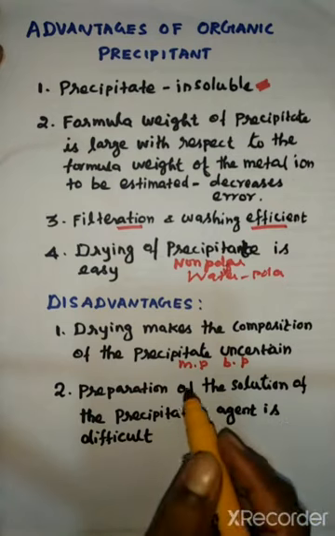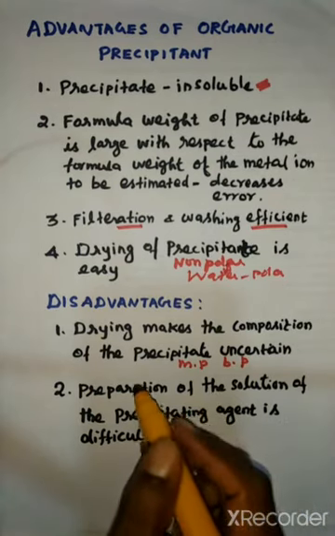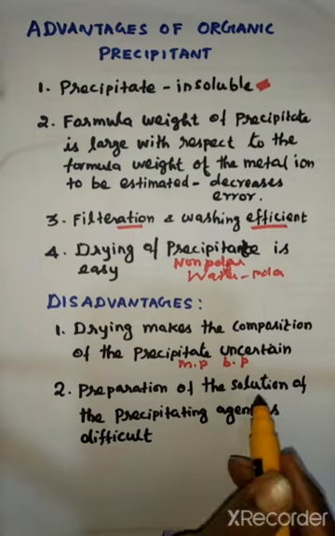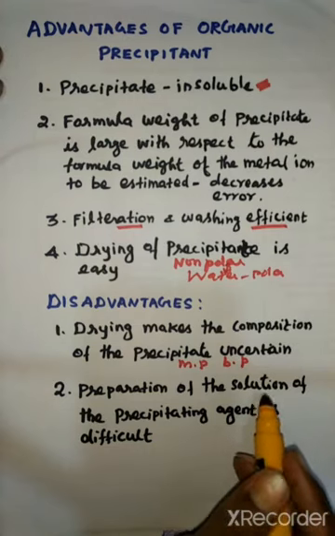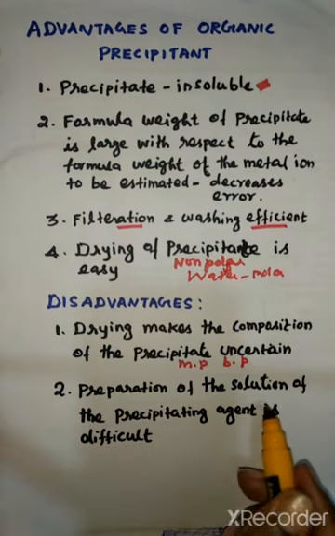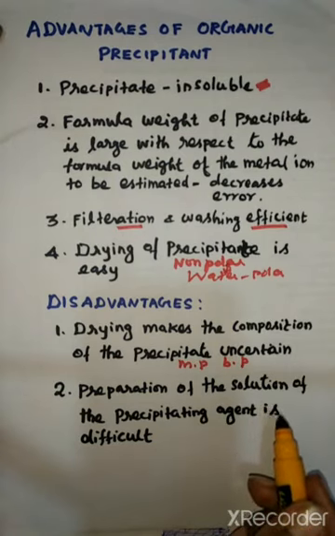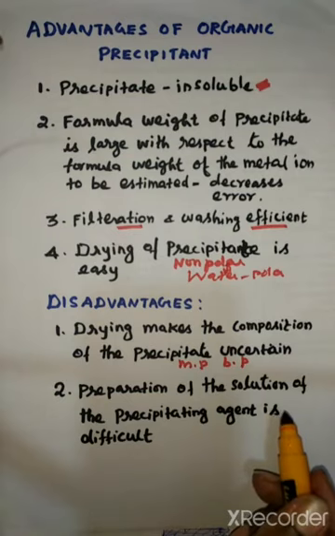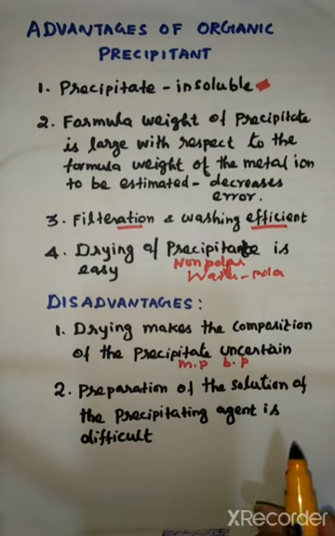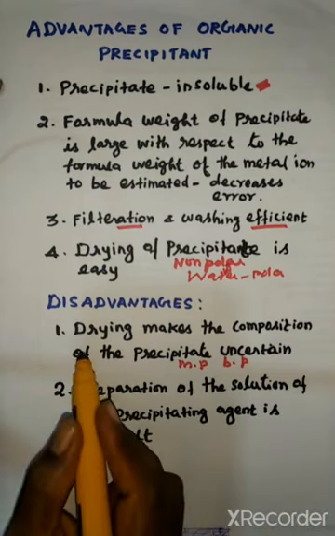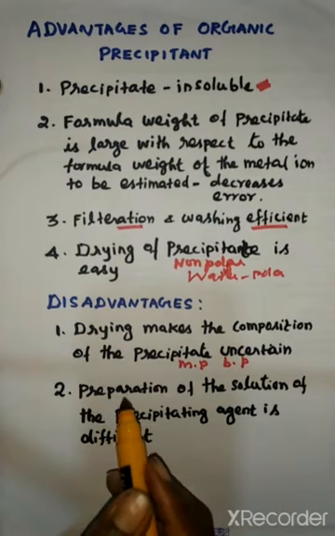So drying makes the composition of the precipitate uncertain, because we are using an organic compound as a precipitant, so it may get volatile. The formed precipitate may get volatile on heating or get decomposed. So this is one of the disadvantages of using organic precipitant.